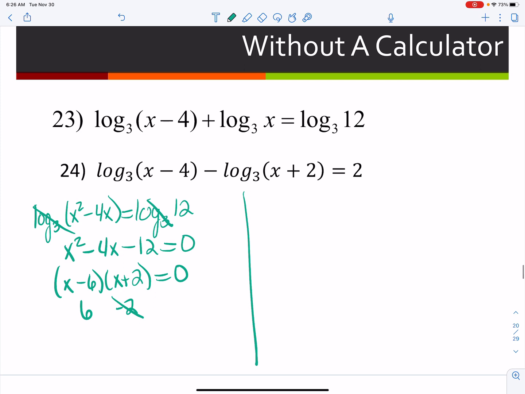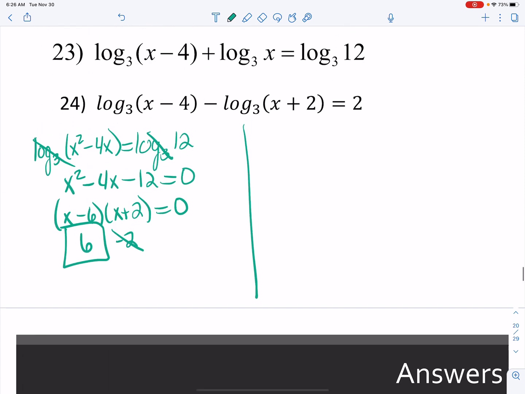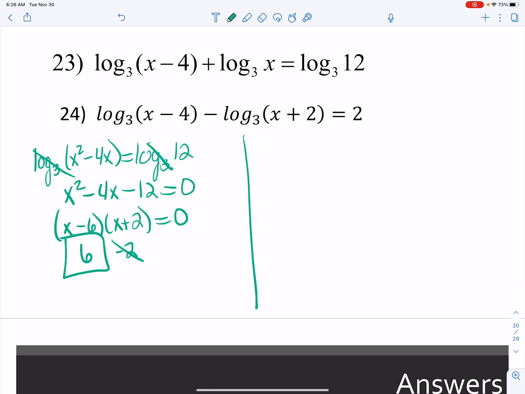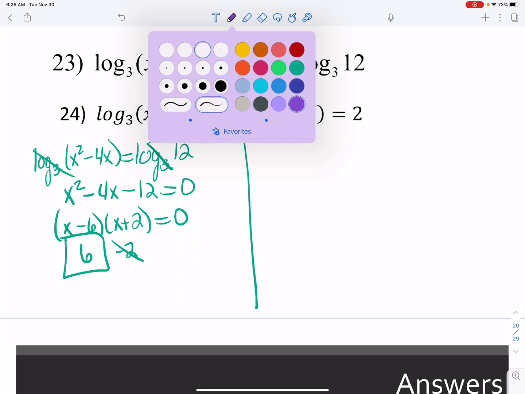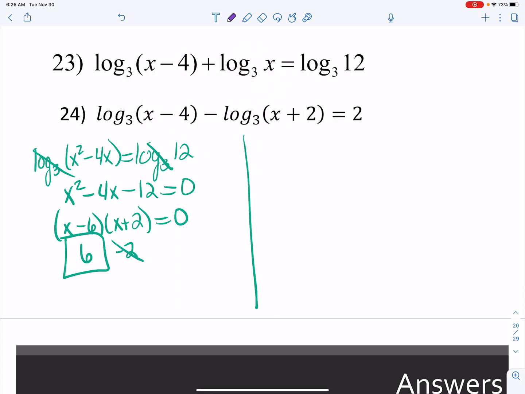The negative 2 doesn't work because if you put it in the first log or the second, it's not gonna work. So my only answer is 6, okay? When I'm grading that, I'm going to be looking for that extraneous answer, and I want it crossed off or labeled as extraneous.